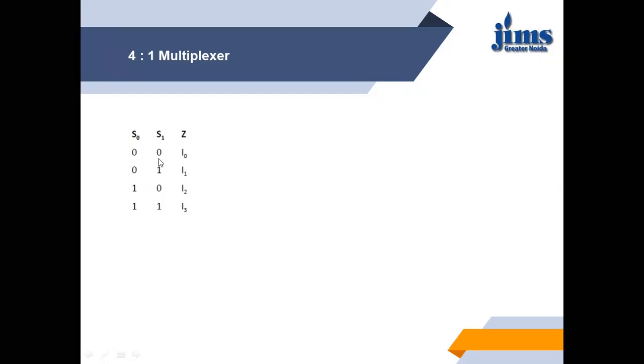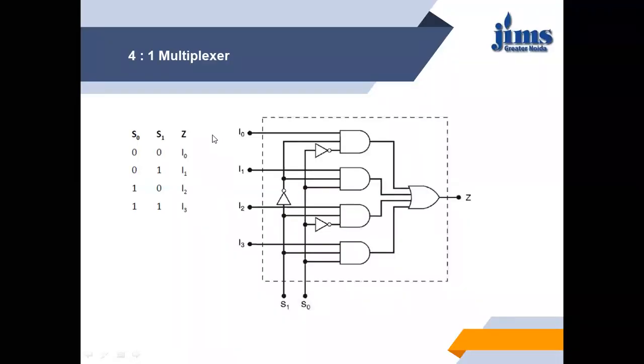Whenever the select input is 0, 0, there will be a connection between I0 and Z. For select lines 0, 1 it is I1; for 1, 0 it is I2; and for 1, 1 it is I3. In this way the circuit will be designed so that the output will be I0 whenever S0 and S1 are 0, 0.